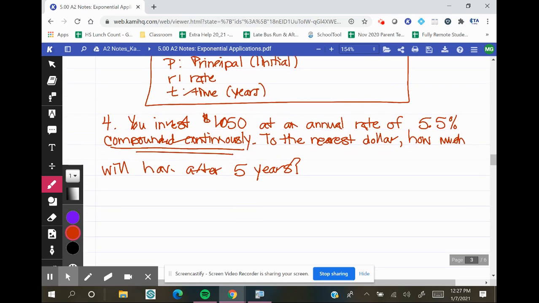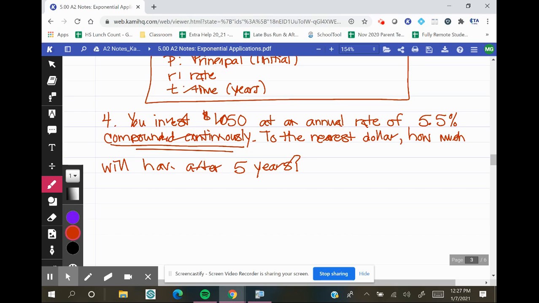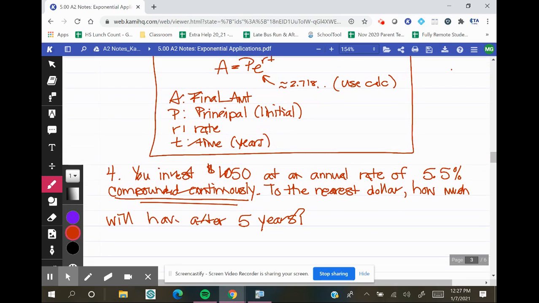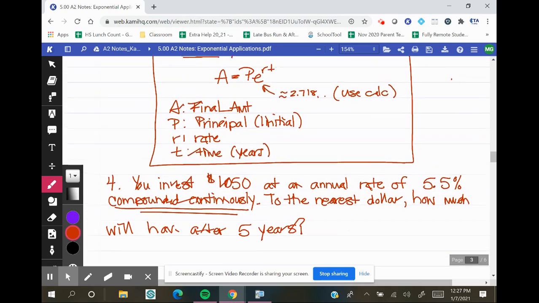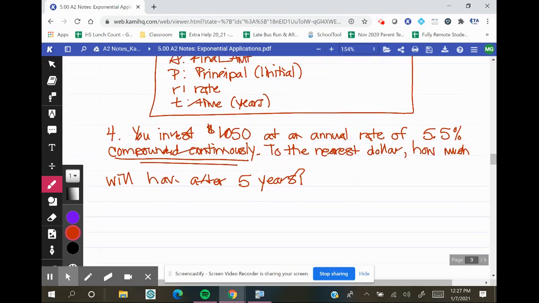Okay, so pause the video and see if you can do this on your own. Find your value, substitute in, and then type into your calculator.